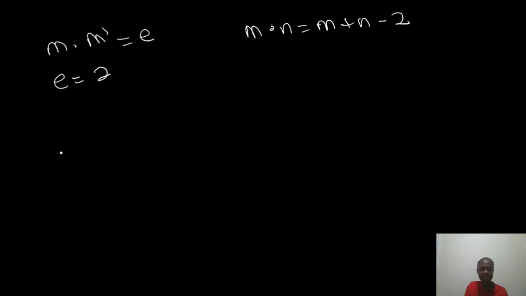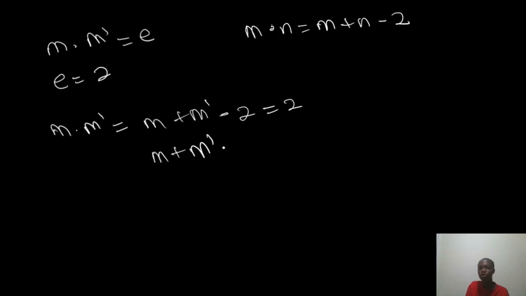So m dot m inverse gives us m plus m inverse minus 2, which is going to give us 2. So m plus m inverse minus 2 is equal to 2.